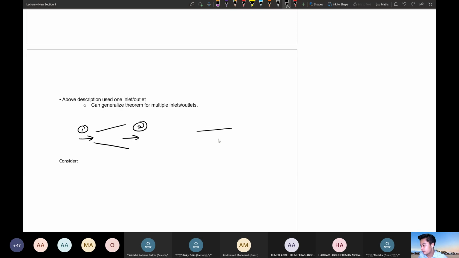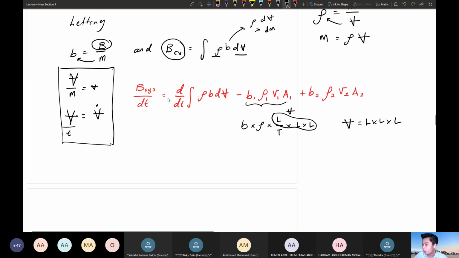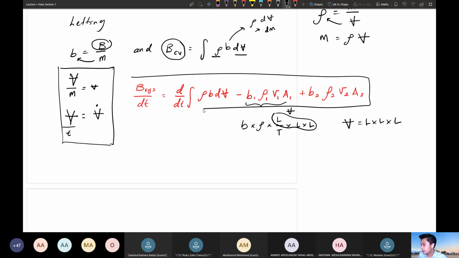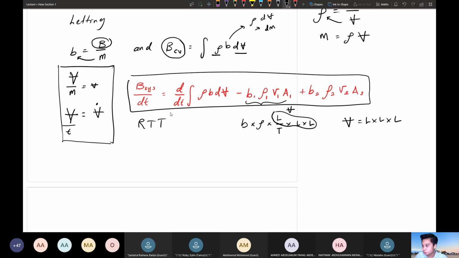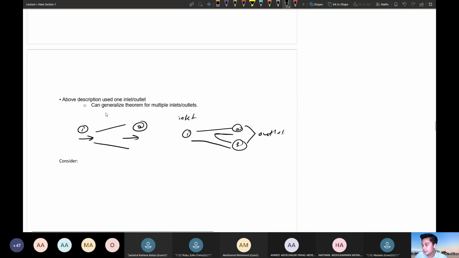Maybe we will have different inlets, point 1, point 2, point 3. So this is inlet, this is outlet. This theorem, the RTT, Reynolds transport theorem, can be used to solve many kinds of multiple inlet and outlet problems as well.